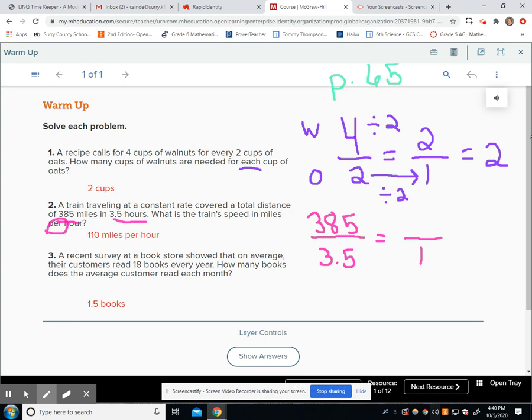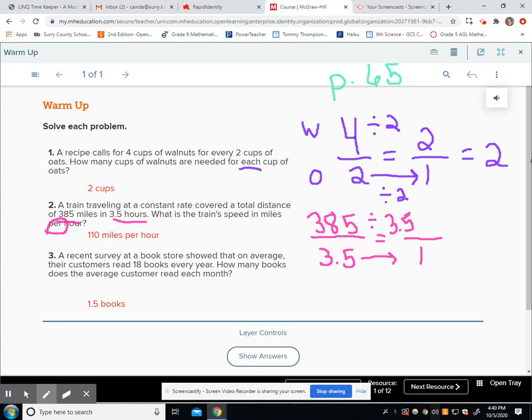Okay, once again, I could ask myself, how do I make 3.5 equal 1? Well, I divide by 3.5. So all I have to do to find an equivalent ratio is to divide 385 by 3.5.